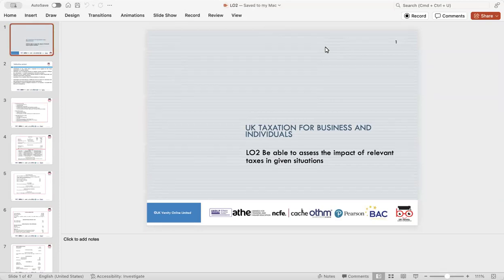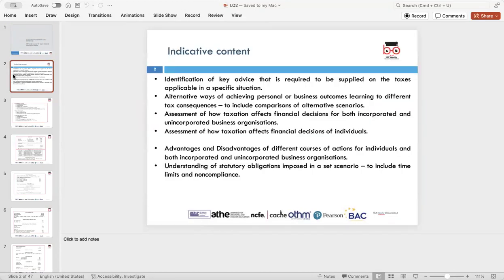Today's topic and learning outcome two is to be able to assess the impact of relevant taxes in given situations. So, indicative contents. In this lecture, we will explore various aspects of taxation related to both businesses and individuals.